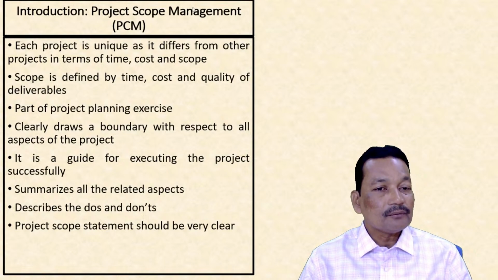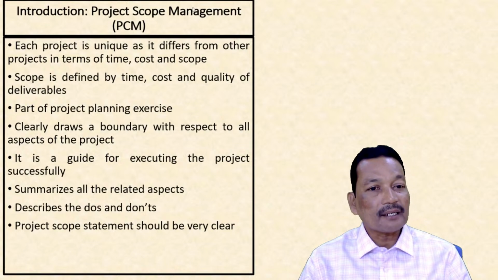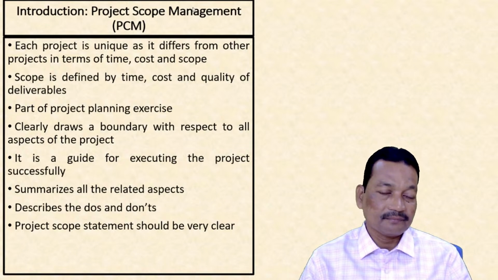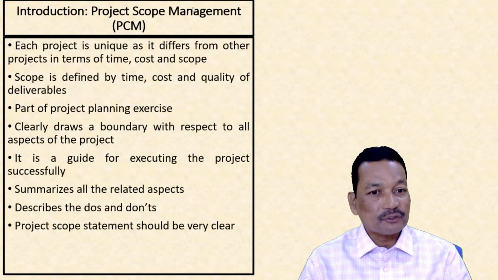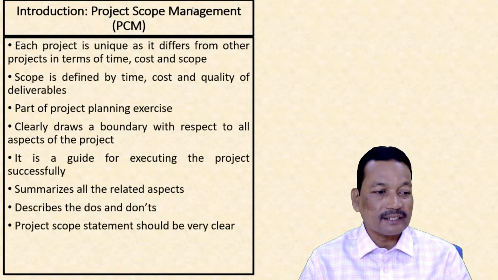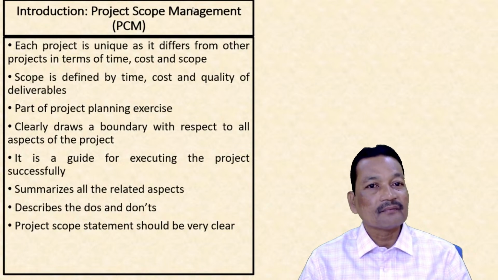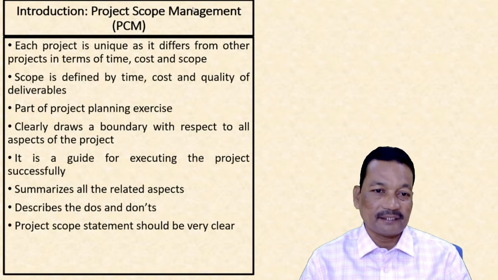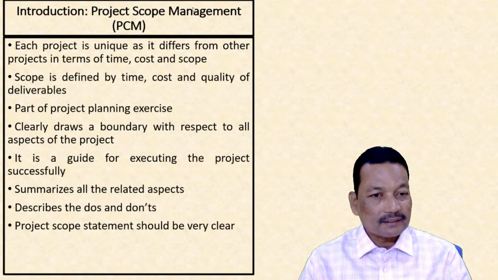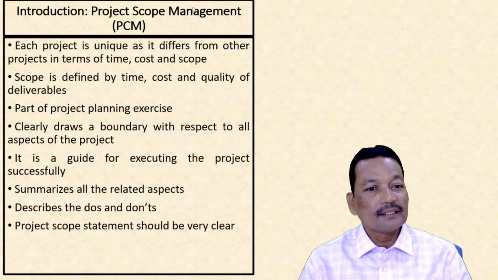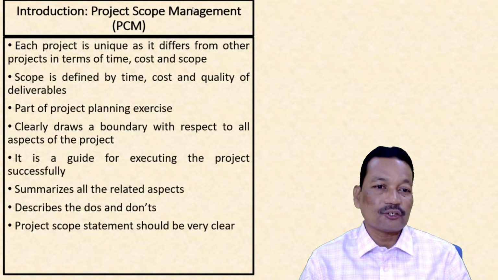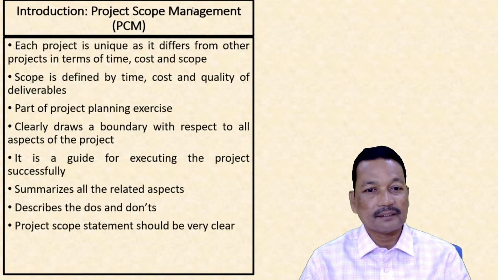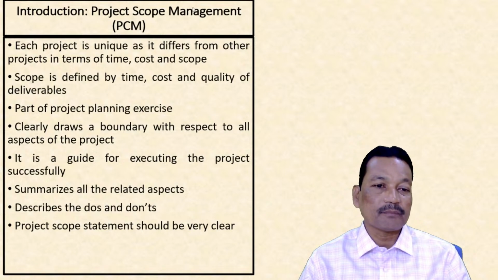Now, at the beginning, we said it is a part of the planning exercise. So before the actual execution of the project, we undertake the analysis of project scope management. What does it mean? It draws a clear boundary with respect to all aspects of the project.